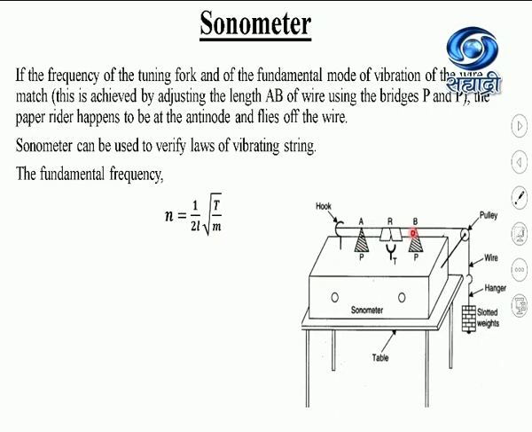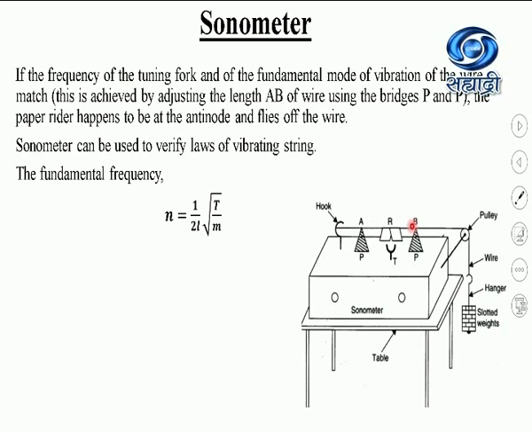So the vibrating length between these two knife edges we can adjust, and suitable tension also we can apply with the help of the hanger. Now the wire can be made to vibrate by plucking it at the center.